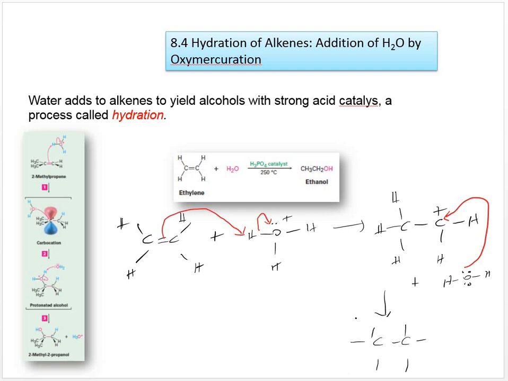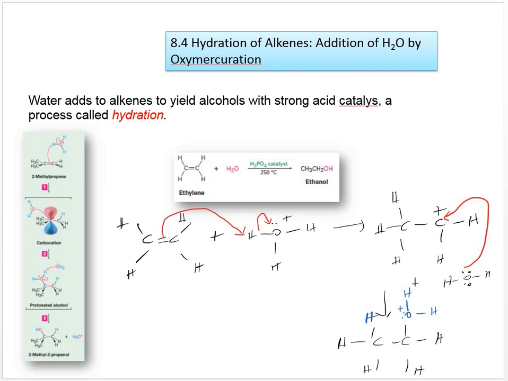I will write all the hydrogens here, and I'm going to write with a different color the things that we added. Basically, here we have a hydrogen, and here we have OH and H. Still, there is a positive charge on oxygen, because there are three bonds around oxygen.